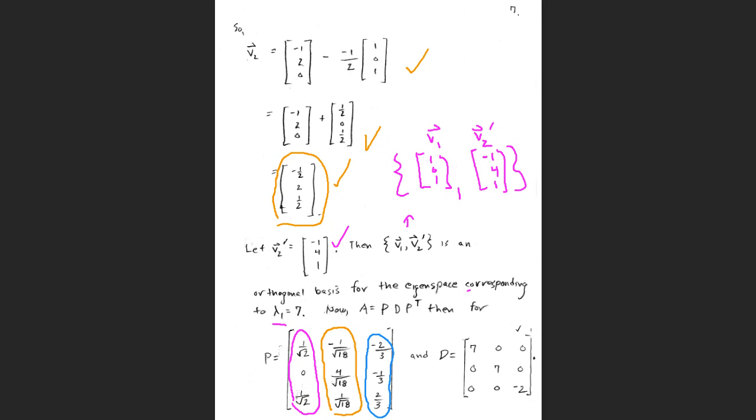And if this is your matrix P and this is your matrix D, you can verify that A will equal P times D times P transpose. You can check that in MATLAB and you'll see that's true.